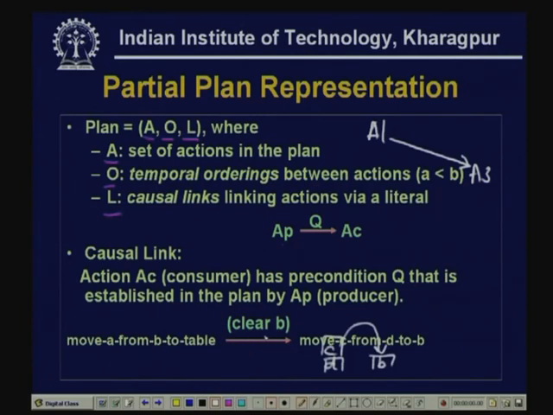Moving C from D to B requires that B is clear, and B being clear is achieved by the action move A from B to table. So, this action achieves clear B, and clear B is required for this action. So, we will have a causal link from the action move A from B to table to move C from D to B.